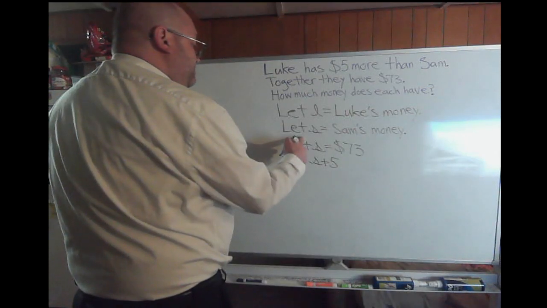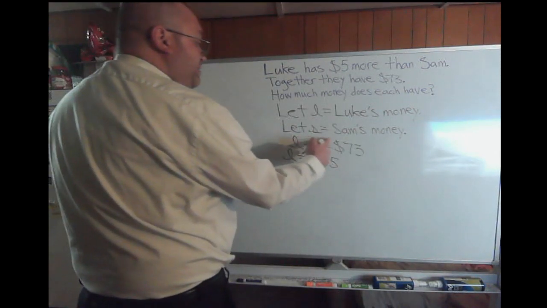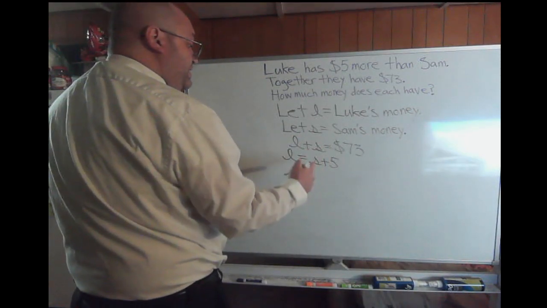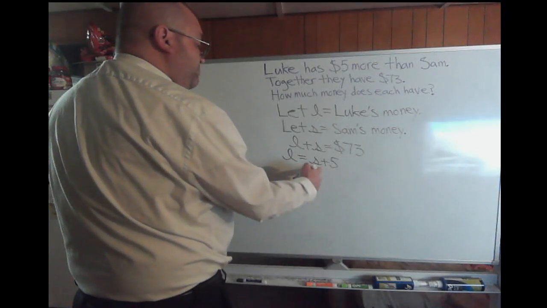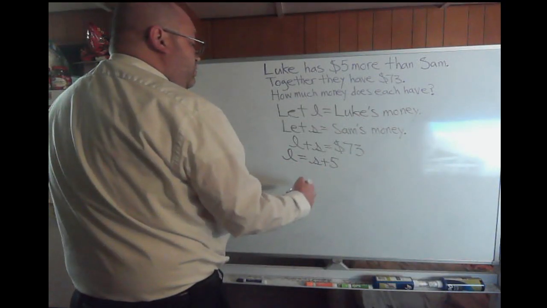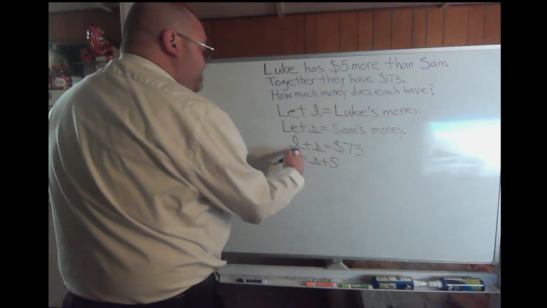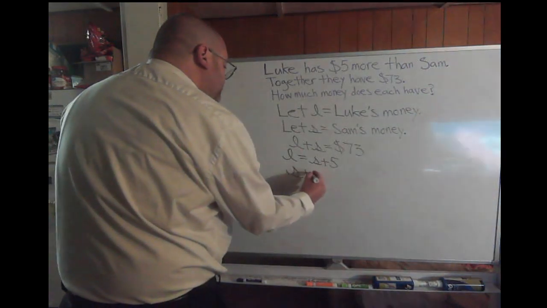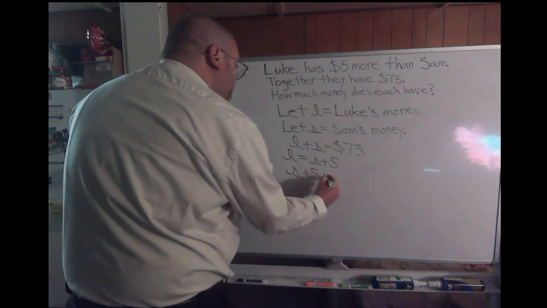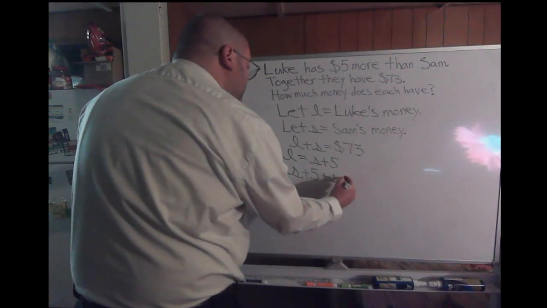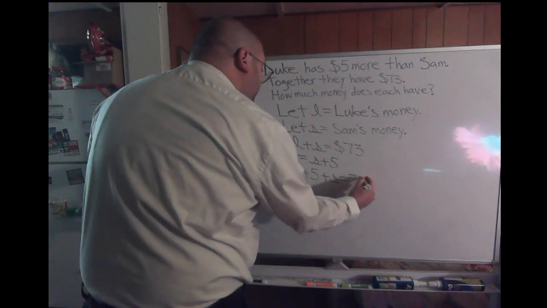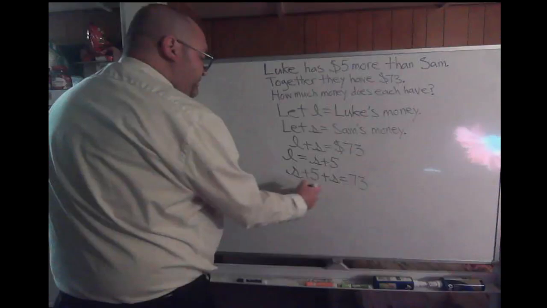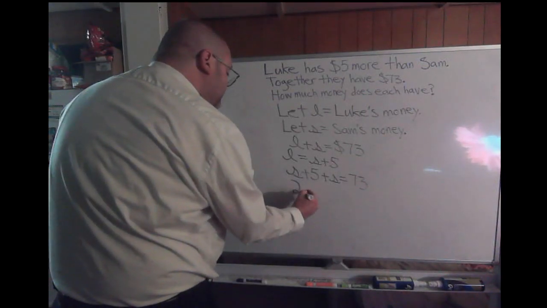Well, we've established that Luke plus Sam's money is totaled $73, but Luke has $5 more than Sam. We can take that S plus 5, substitute that in for the L. So what you're going to have is S plus 5 plus S is equal to 73. Simplify the left side, S plus S, that's 2S.